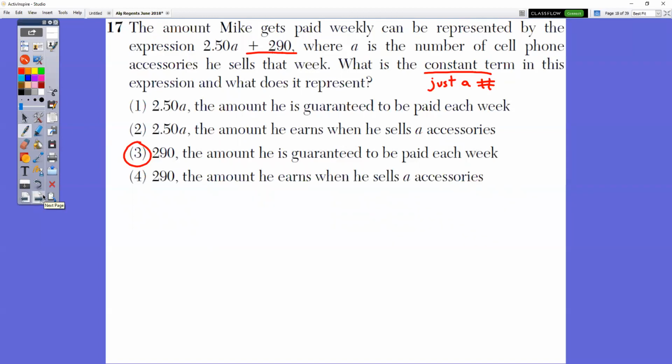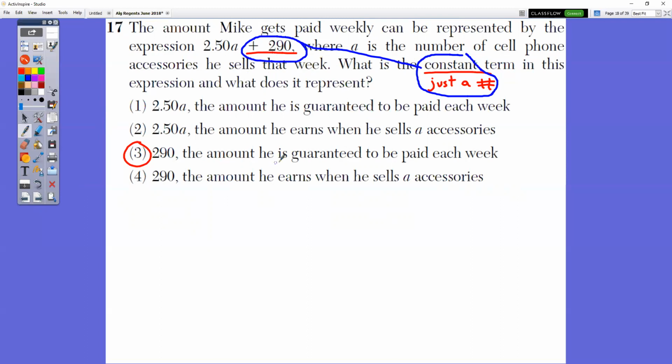In question number 17, the amount Mike gets paid weekly can be represented by the expression 250A plus 290, where A is the number of accessories that he sells each week. What is a constant term? Constant means just a plain number in this expression. And what does that represent? So the constant term is this 290. They want to know what that 290 represents.